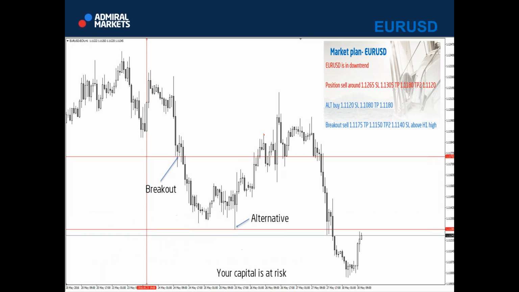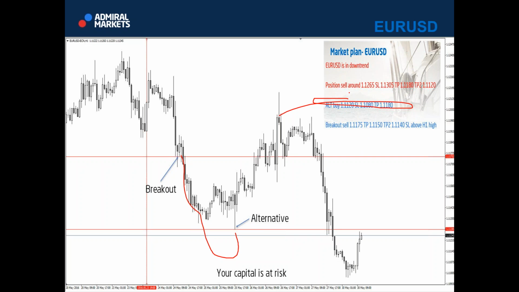because euro dollar was absolutely brilliant. We had two setups. I was very clear when I said that I was expecting a breakout sell at 1.1175. It actually happened here. 1.1175 broken, bang, price went down. Then we had a very good alternative trade, because on the alternative trade we had almost no drawdown.